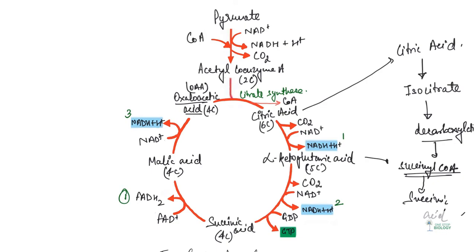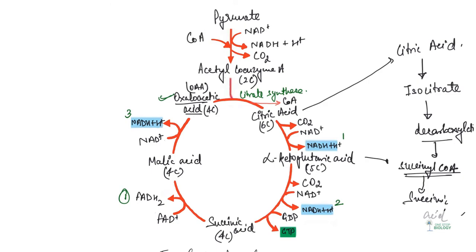Now this continued oxidation of acetyl coenzyme A via the Krebs cycle requires continued replenishment of this as well, because this is being used. Oxaloacetic acid is being used, right? Because this is the first member of the cycle. So basically continued replenishment of this oxaloacetic acid is required. That is the first thing.